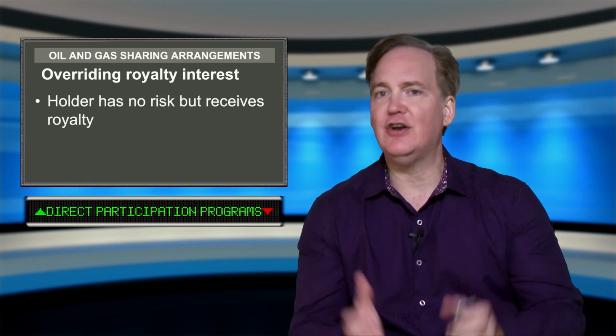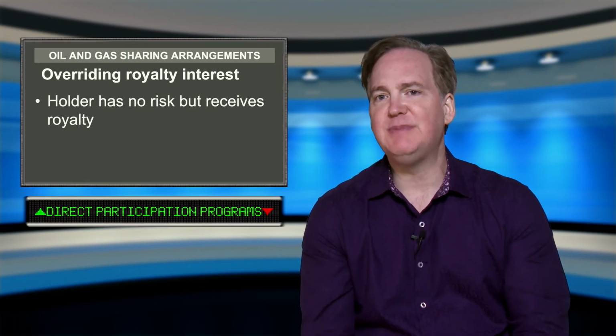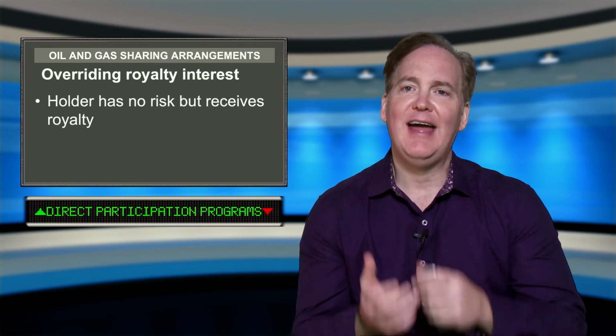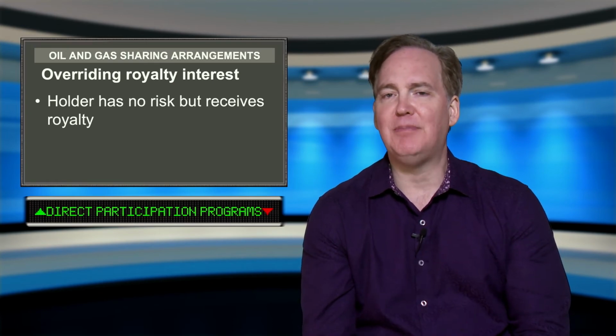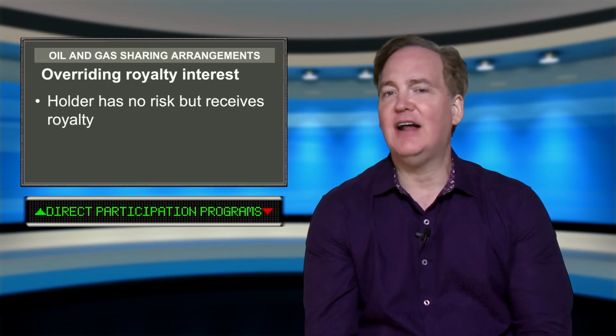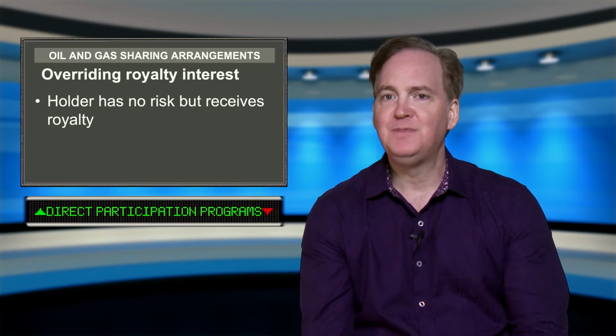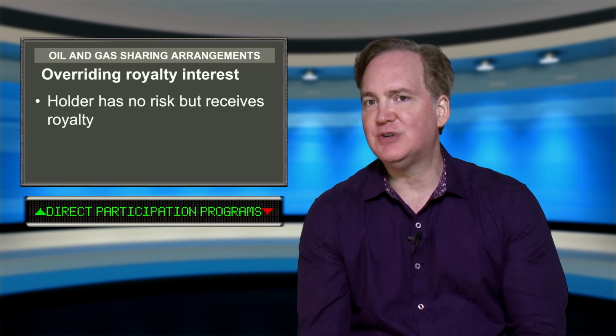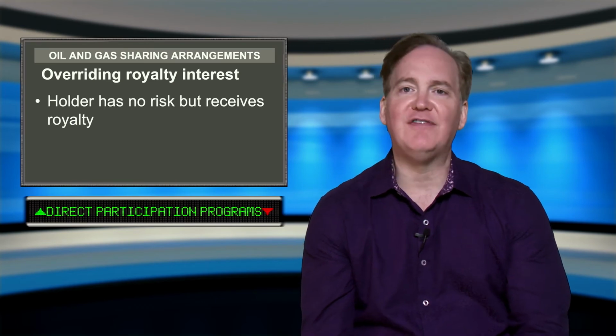Perhaps a landowner has been approached by an oil and gas company, and they wish to drill for oil and gas on that landowner's property. They feel that the property contains reserves and they want to go after them.